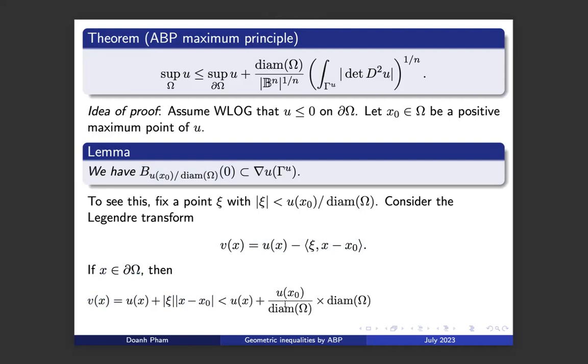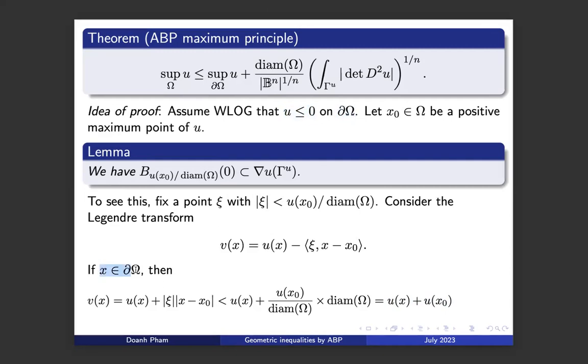And because of the way we choose psi, the norm of psi is bounded by U(x0) over diameter. And x minus x0 is less than the diameter. Therefore, V is going to be less than U(x) plus U(x0). But at the beginning, we assumed that U is non-positive on the boundary.